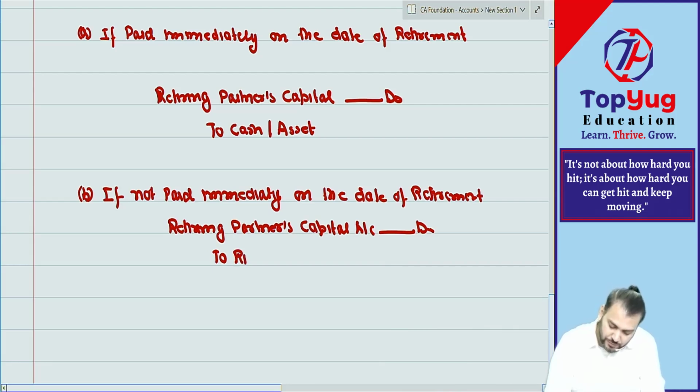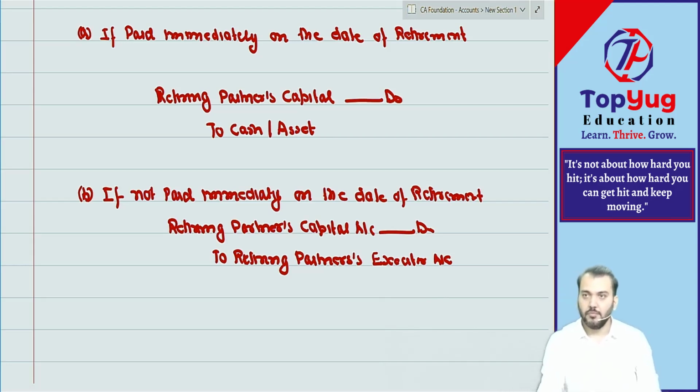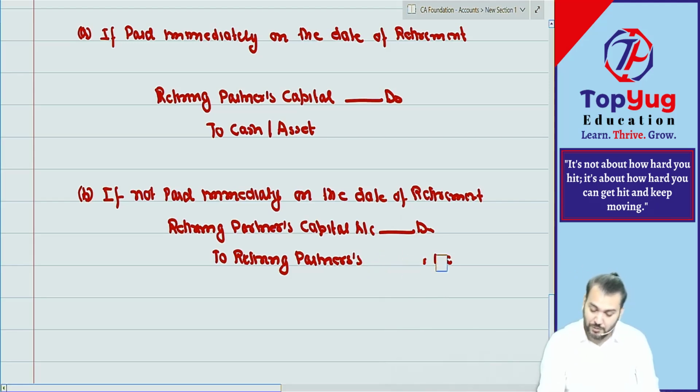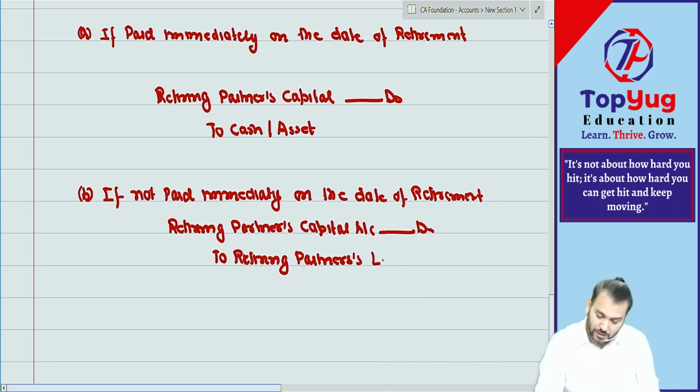Retiring partner's executor account. Understood this? Simple. Oh, sorry, sorry, my mistake. Retiring partner's loan account. Now, okay.